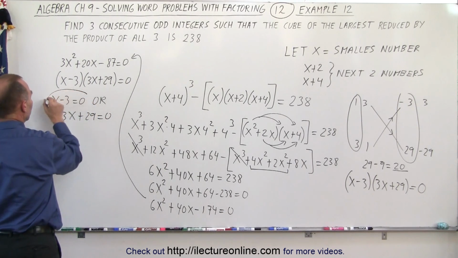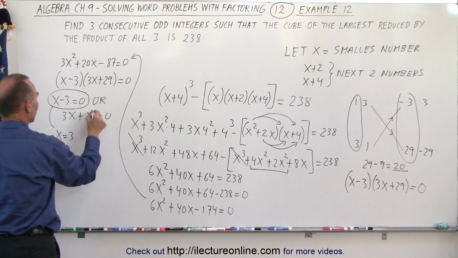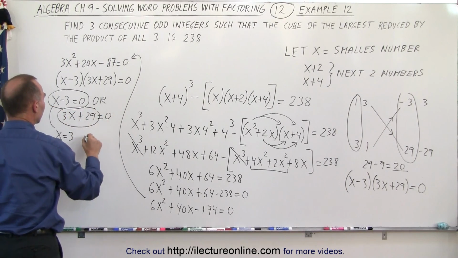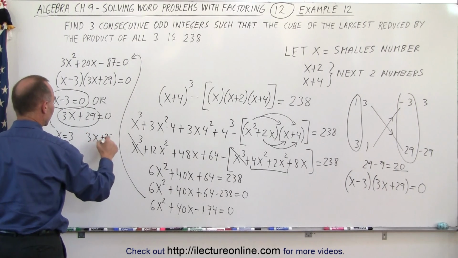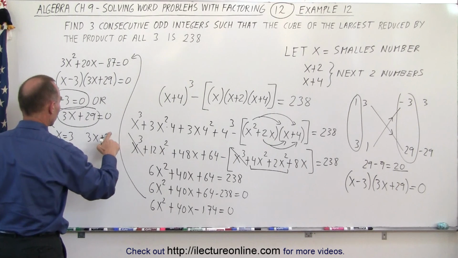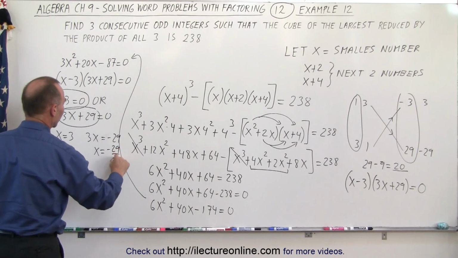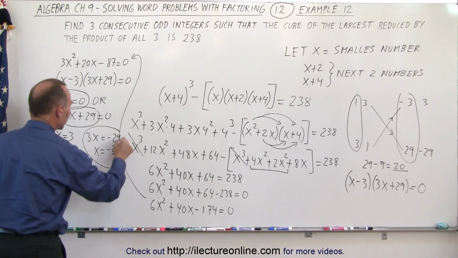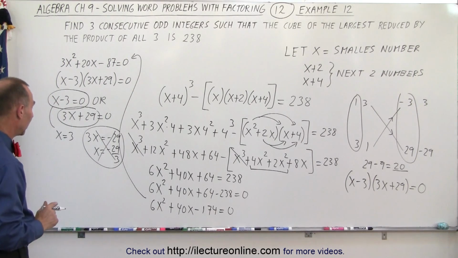If I take the first possibility, this tells us that x equals 3. If I take the next possibility, 3x plus 29 is equal to 0, or 3x equals minus 29, and x equals minus 29 divided by 3. But this possibility does not give us an integer, so that's not one of the possible answers.